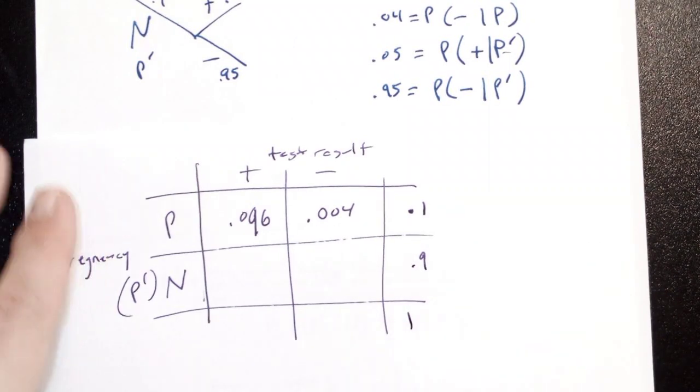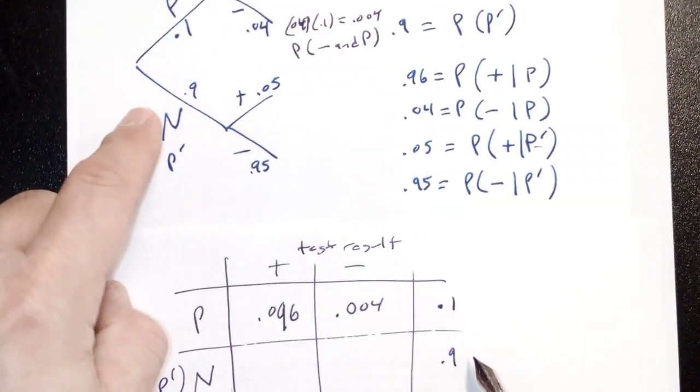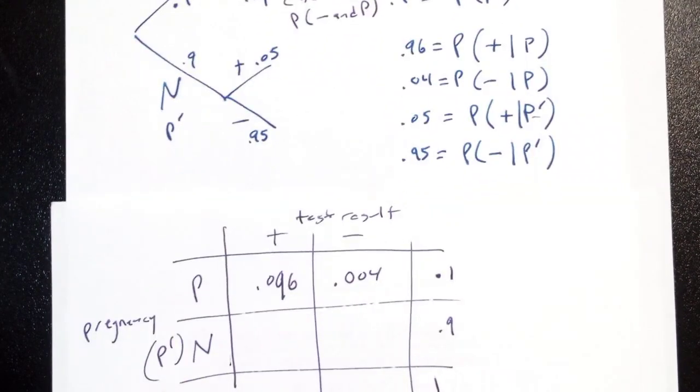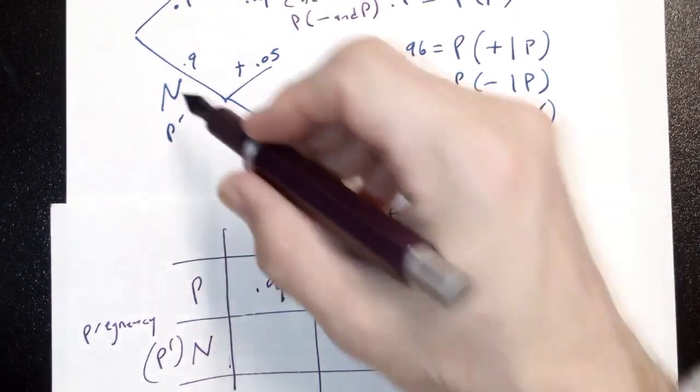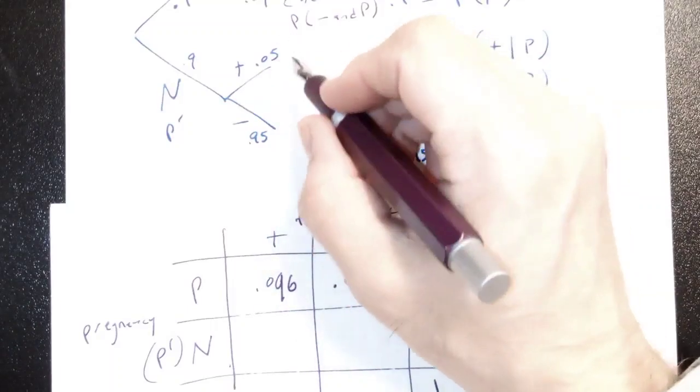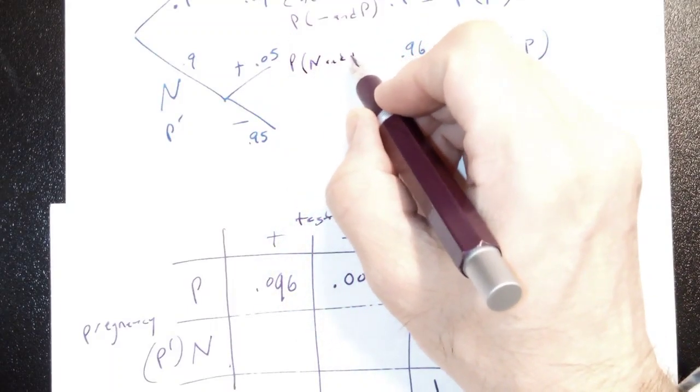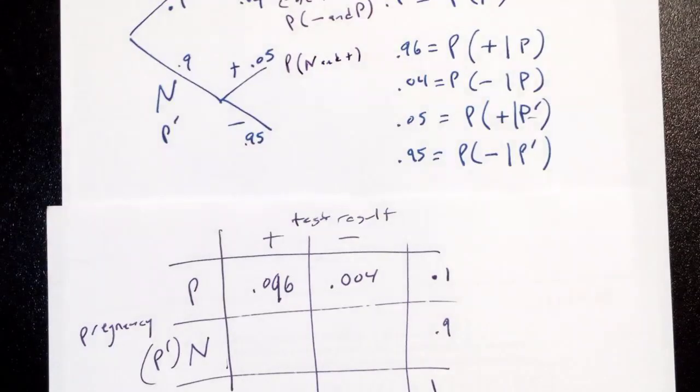And that should make sense because that number is on this branch, and these are all assuming we're not pregnant. Got to use the right word because negative's up here. So, not pregnant and positive test is what number?